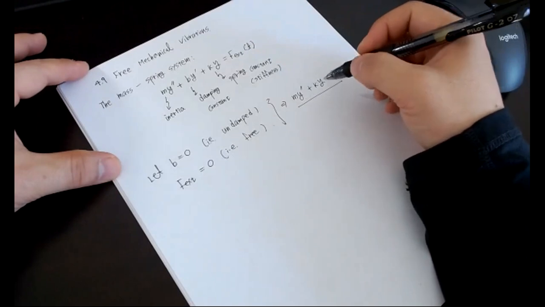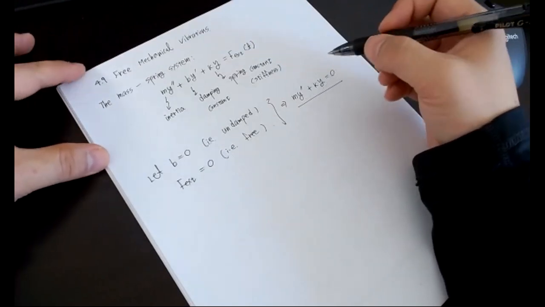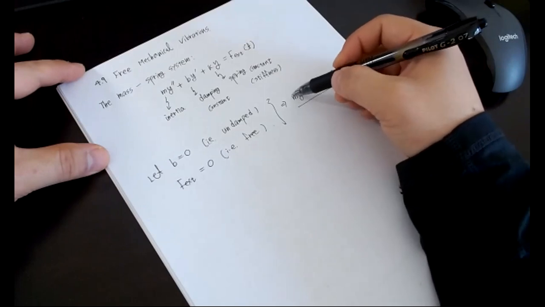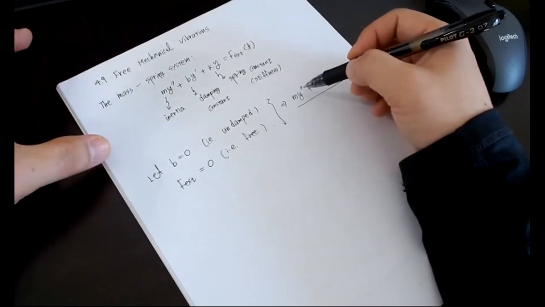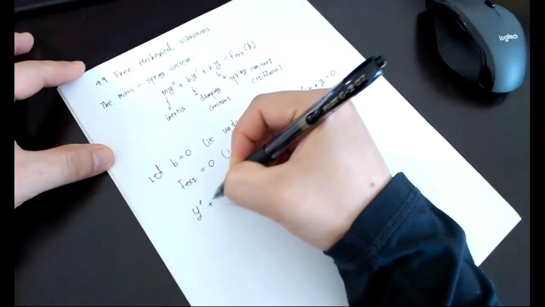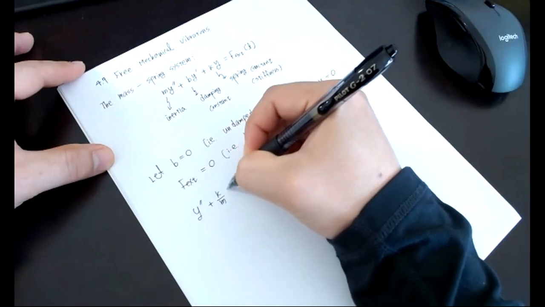Since this is a second order differential equation, I'm going to make the coefficient of the second derivative 1. Then we get y double prime plus k over m times y equals 0.